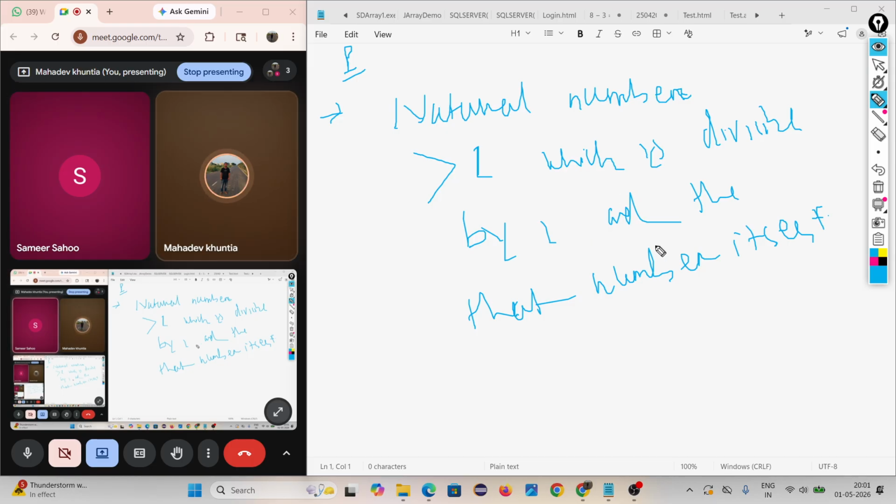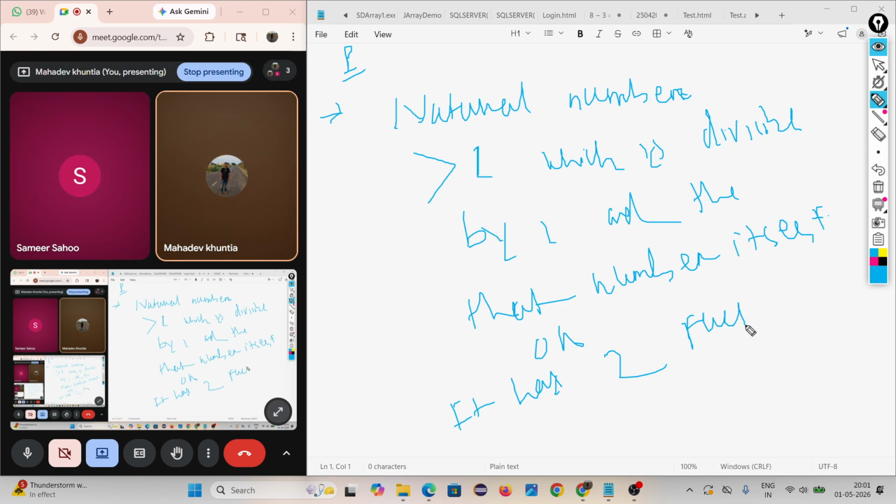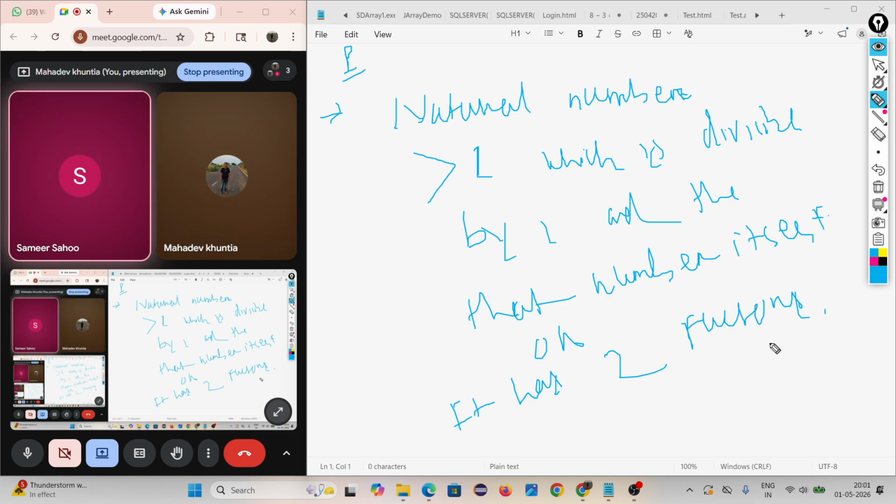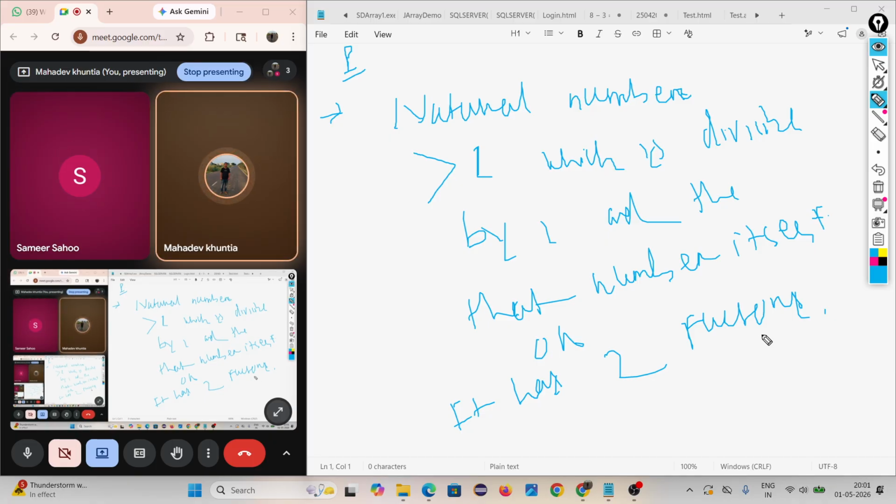Which is divisible by 1 and the number itself, or I can say it has two factors: 1 and the number itself. Factors mean the tables in which the number appears.